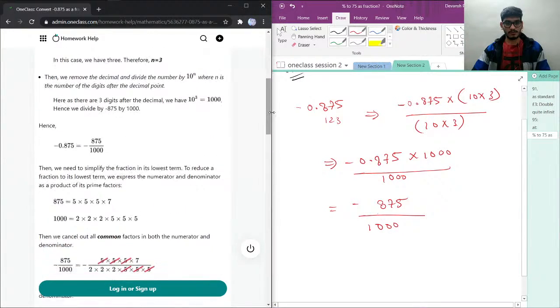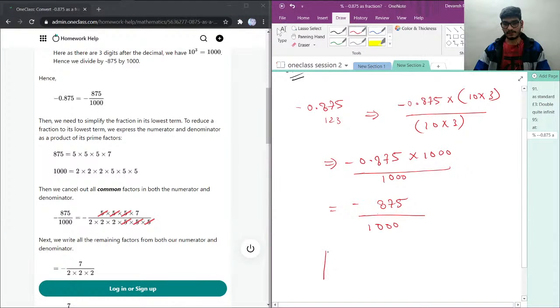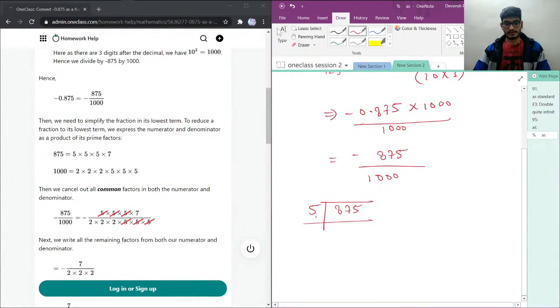Now we need to simplify this fraction because this is a very huge number. So let's just see. If I go for prime factorization, then for 875 we'll have 1, then this is going to be 3 times 7, 25, 5, 5.